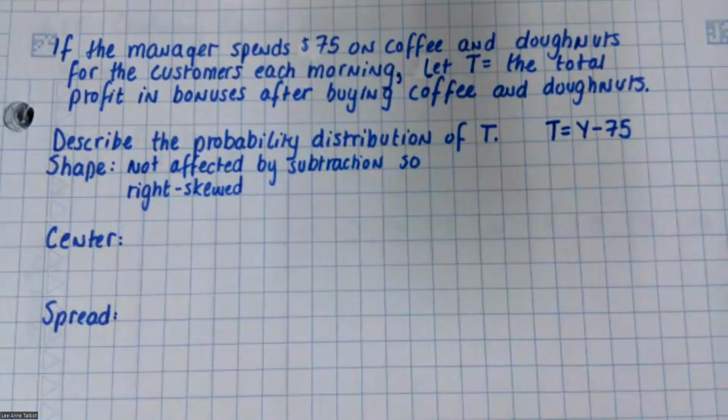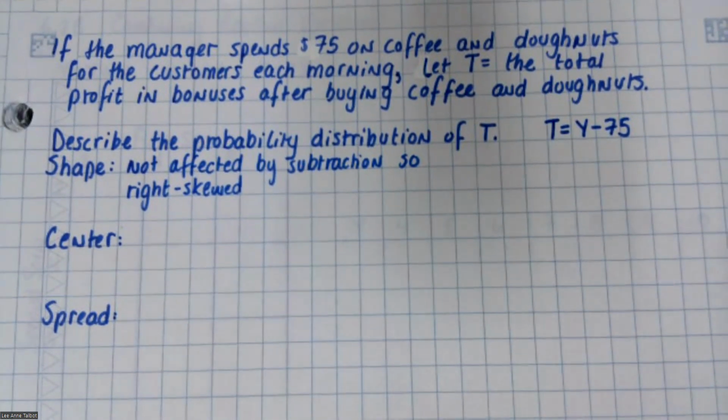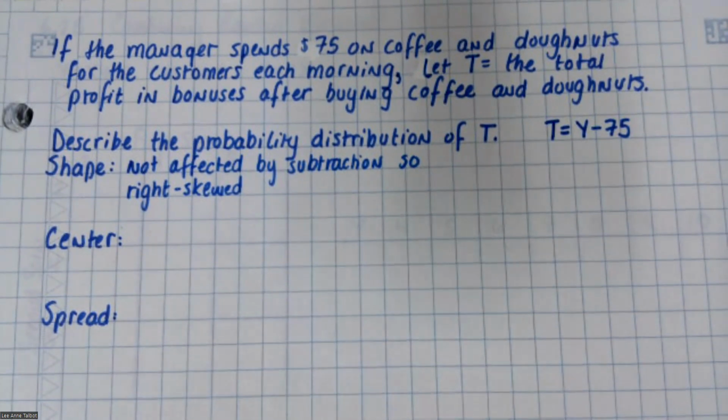So right skewed. Where am I getting that right skewed from? The little graphs we did. Okay, not affected by subtraction, so right skewed.